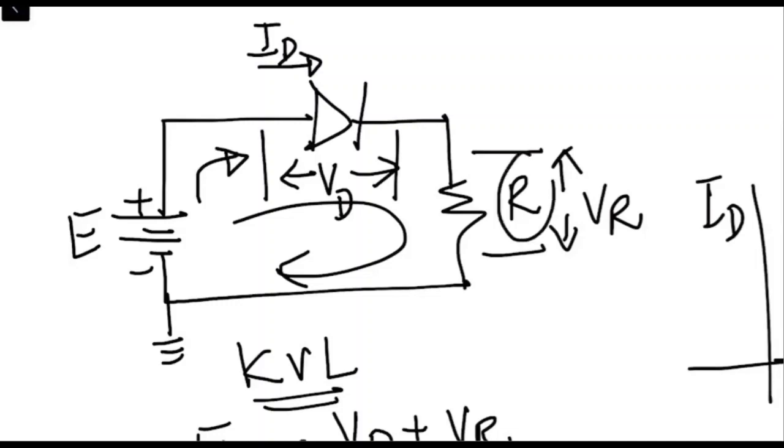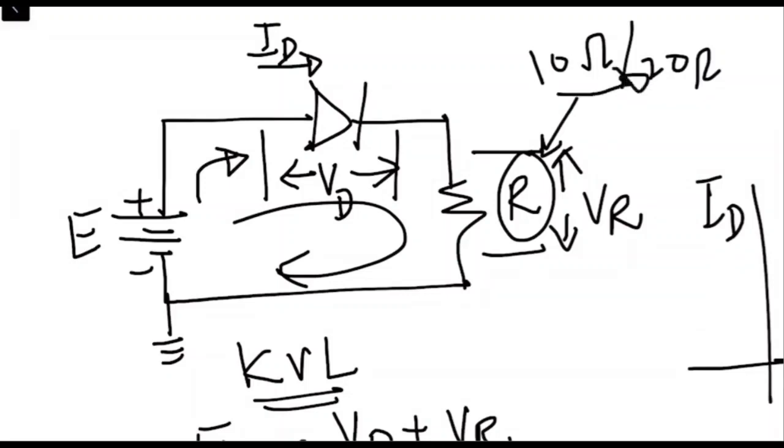Previously it was, let's suppose, 10 ohms, so we increase it to 20 ohms. I'm just giving you an example. Or from 10 kilo ohms, it is being increased to 20 kilo ohms, right?